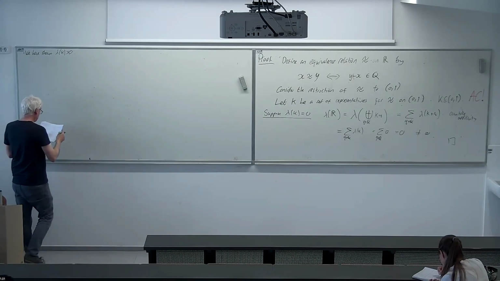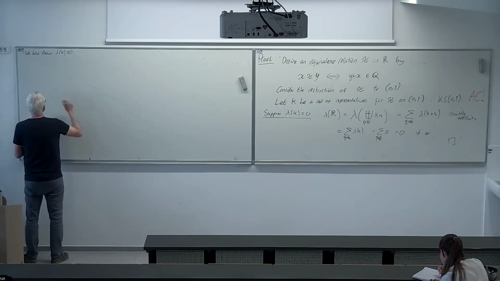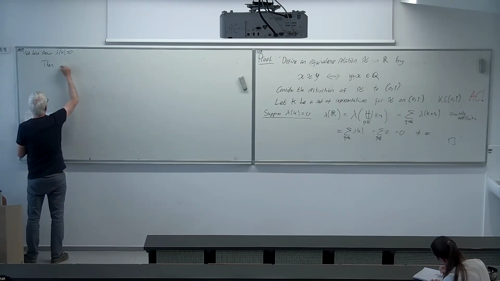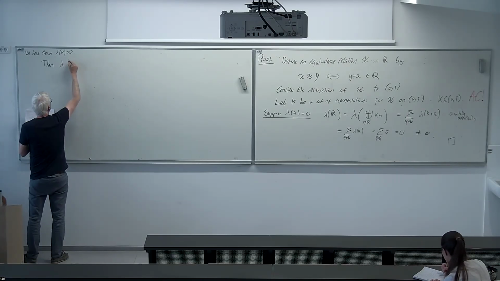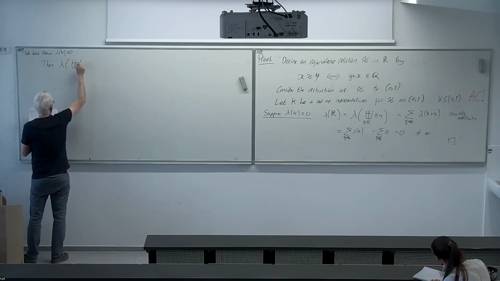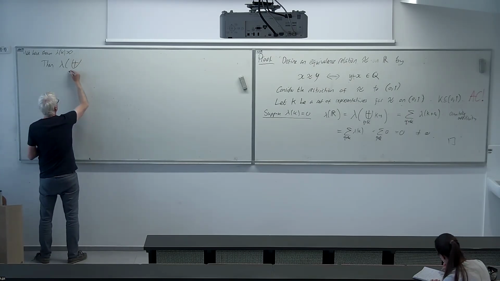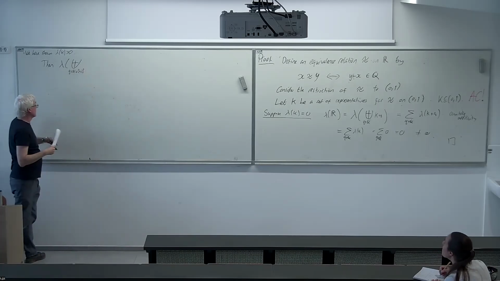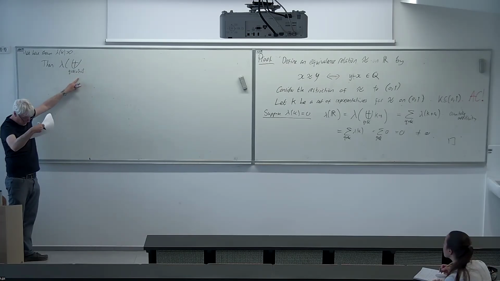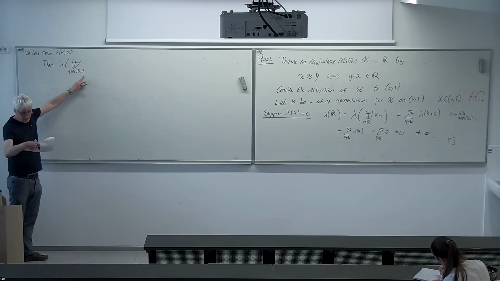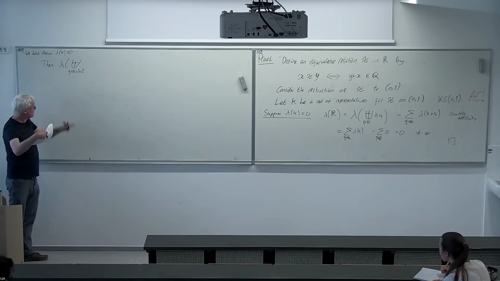But then if we again consider the length of a disjoint union, where here we're going to only consider rational numbers in the closed interval 0, 1.